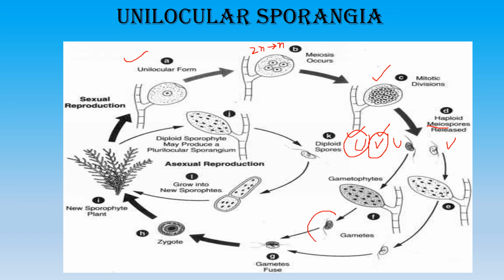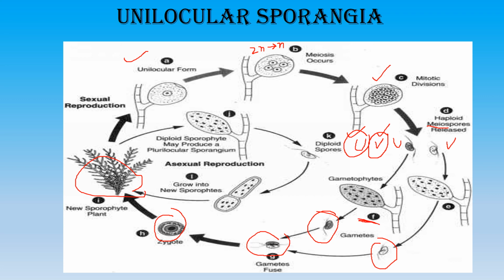They develop into a gametophytic Ectocarpus plant, and both types produce different types of gametes. These gametes finally fuse and form a zygote, and this zygote again forms the sporophytic plant.